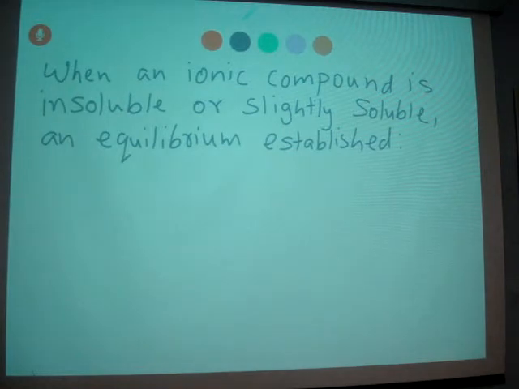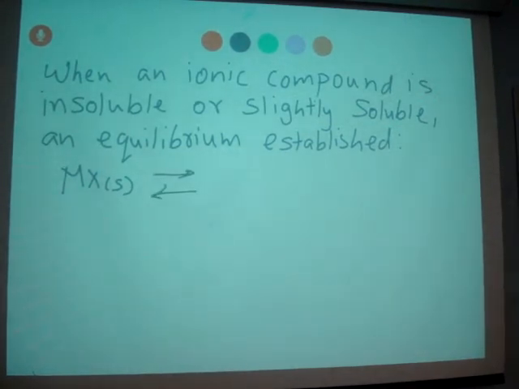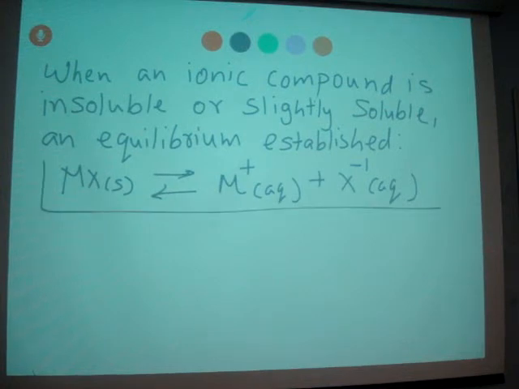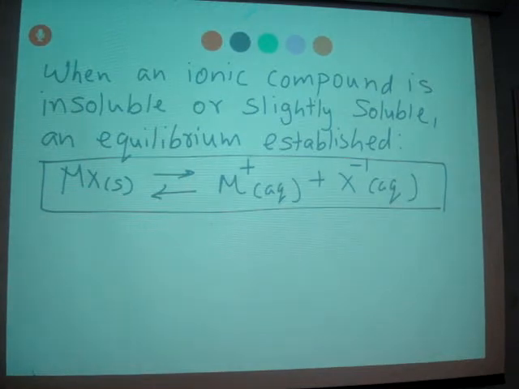And when you look at the equation, MX, this is a generic equation, and it's a solid, but when it dissociates, it gives M n plus aqueous and X minus aqueous ions. Okay, so this is a generic equation for any ionic compound.